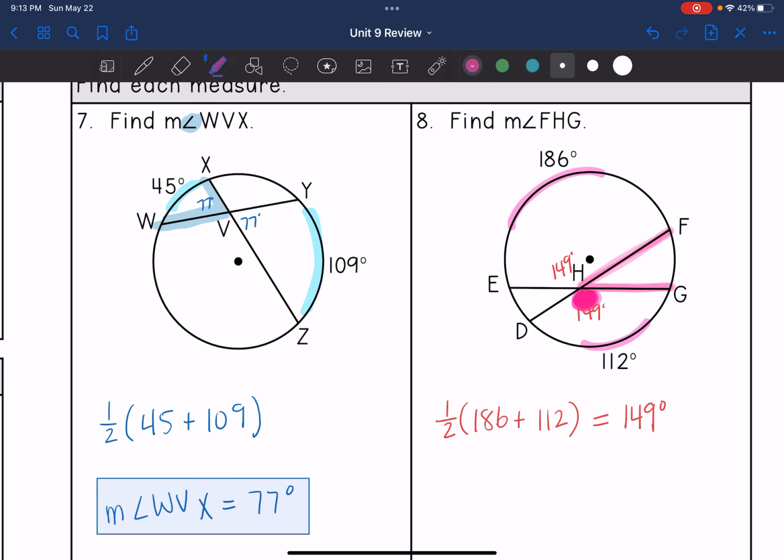But like I said, that's not what they were asking for. They're asking for this side here. So we know that anytime you see a straight line, that makes 180 degrees. So if I add these two up, it needs to equal 180.